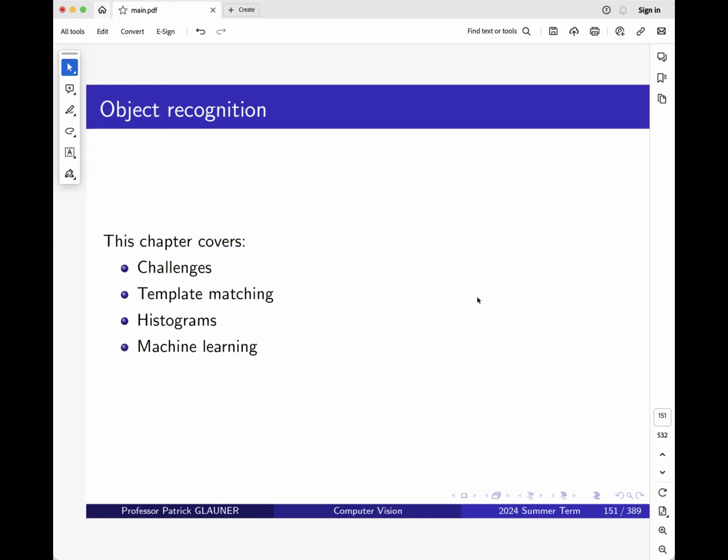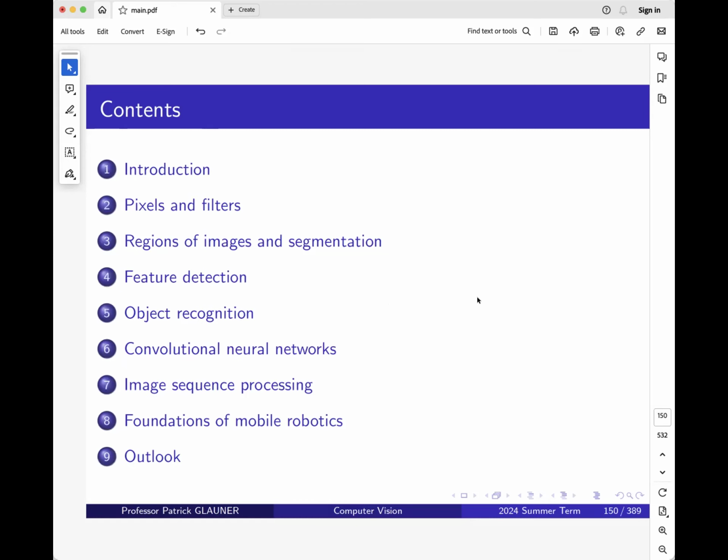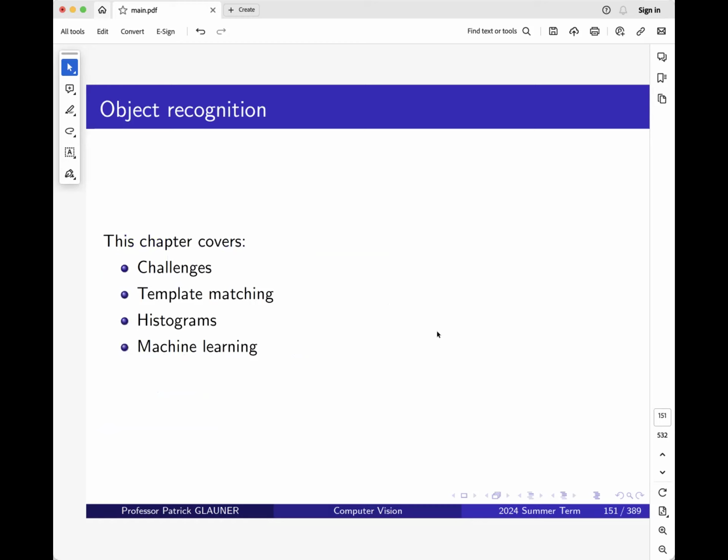We'll be in this chapter, and this chapter will be relatively short, because we look at various approaches to object recognition. And then we're actually laying the groundwork for working with convolutional neural networks on our data. In this chapter, we start with the challenges of object recognition, and we will see some simpler approaches like template matching, histograms, machine learning.